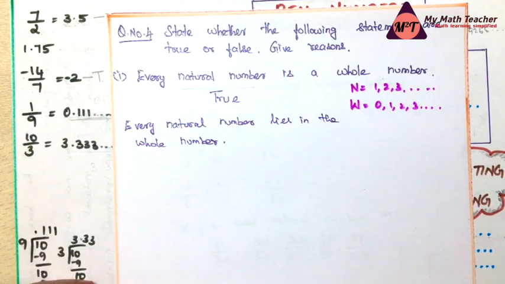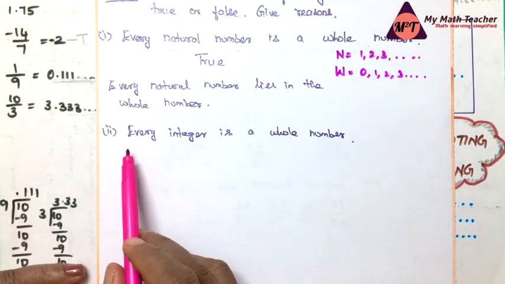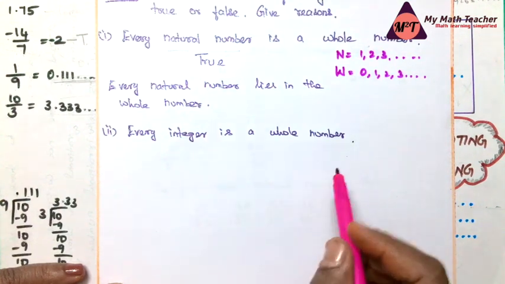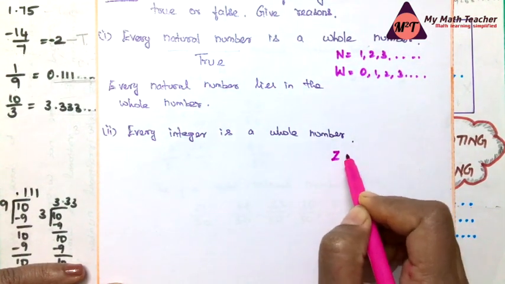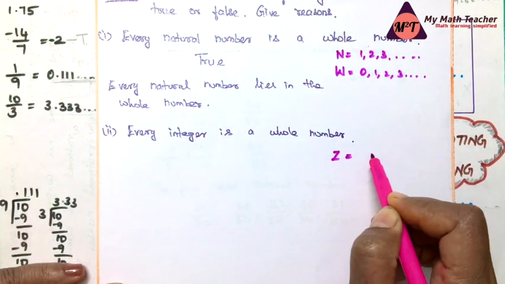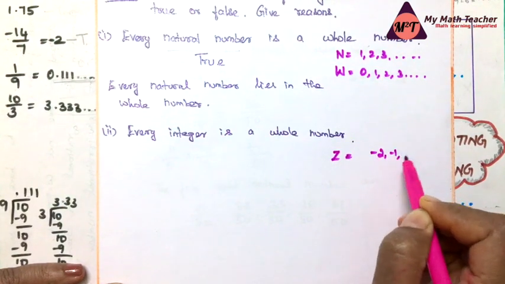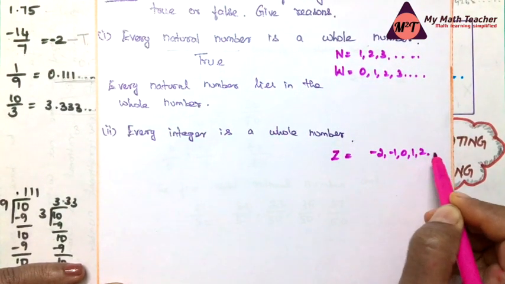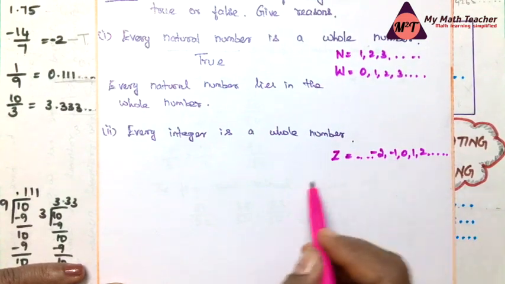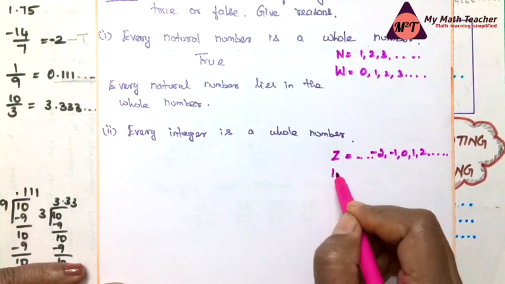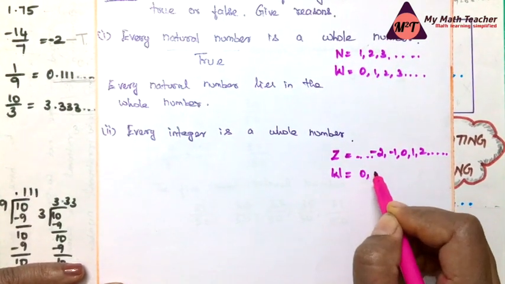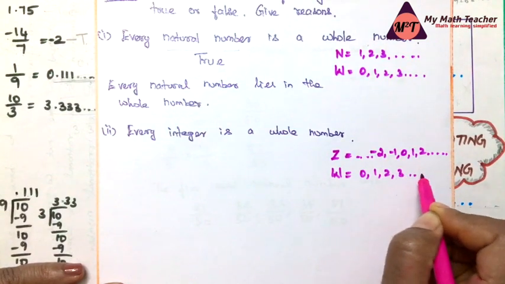Now the second subdivision. Every integer is a whole number. As we know, integers are -2, -1, 0, 1, 2. So it extends to both sides. These are integers. Now whole numbers are 0, 1, 2, 3, it goes on.